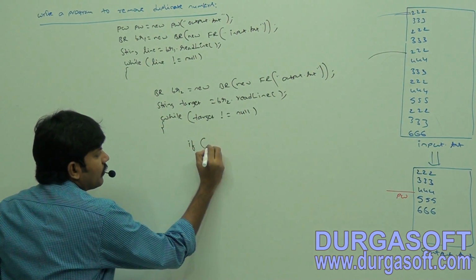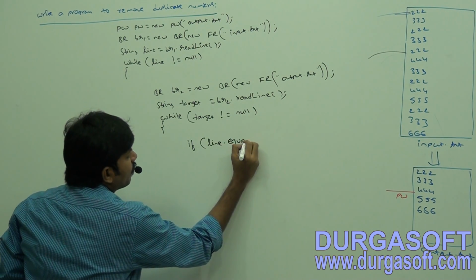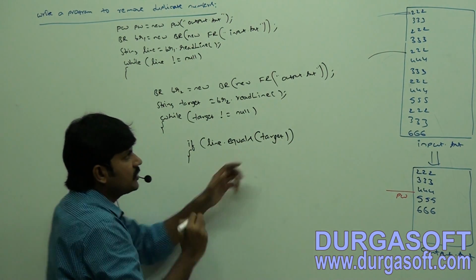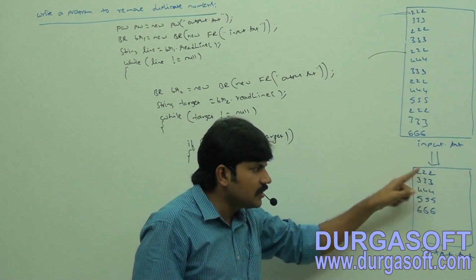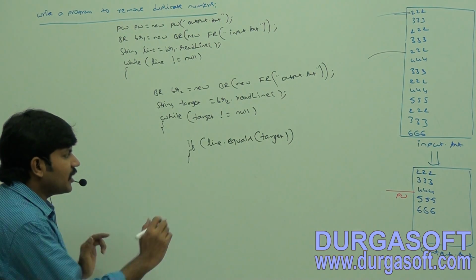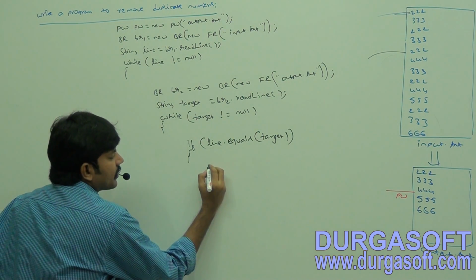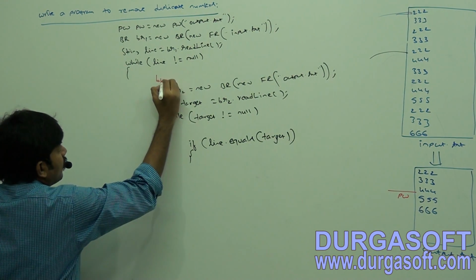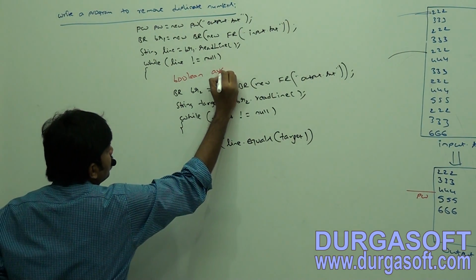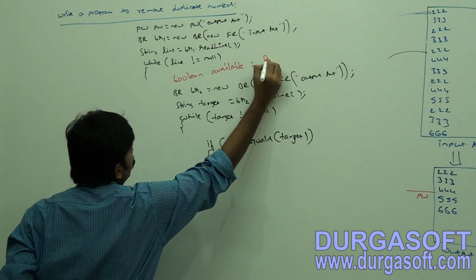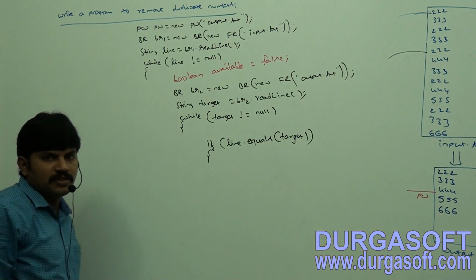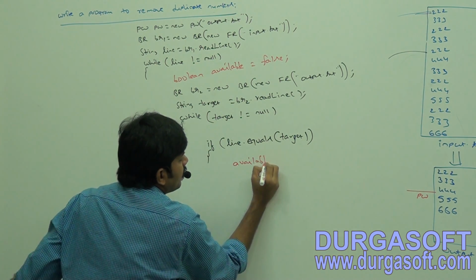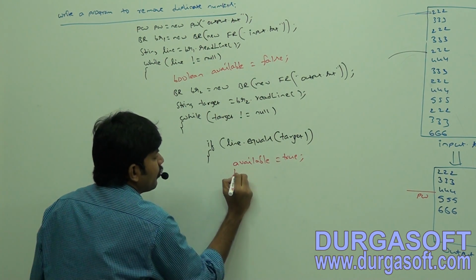If line.equals(target), if this line and this line matched, what do I have to do? Let me take one variable: boolean available = false. Here, if both are matched, available = true and break.